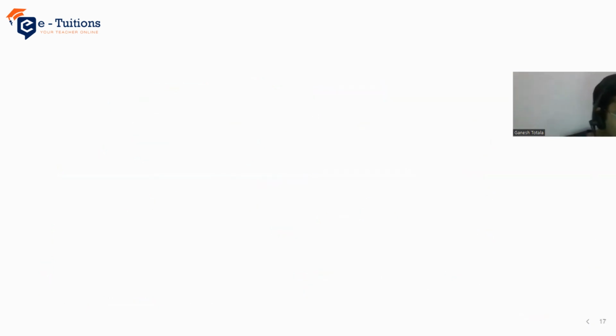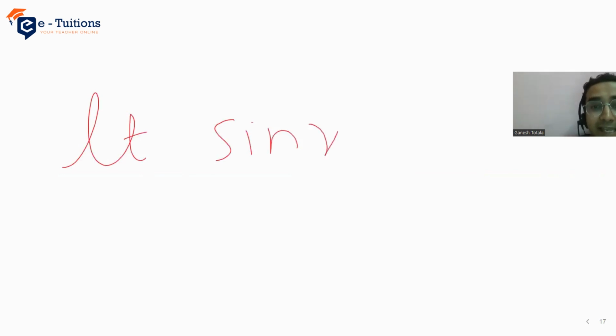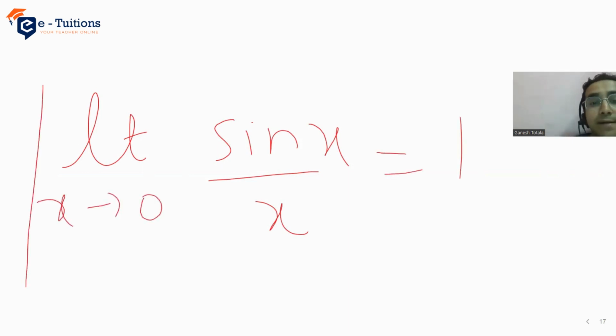The other limit we have is a trigonometric limit. Now what will be that trigonometric limit? The limit of sine x upon x as x is tending towards 0 is always 1.